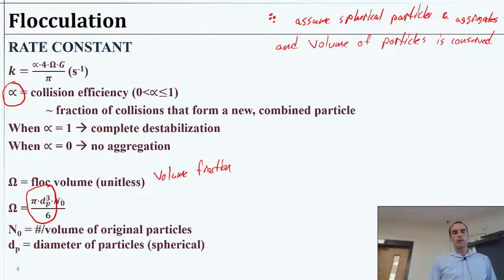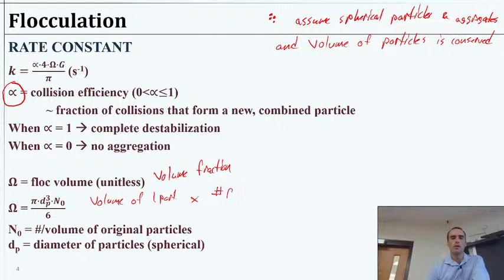All right, so the flock volume, back to this. We have the volume of one particle times the number of those particles in the volume. So we'll say volume of one particle times the number of particles per volume.